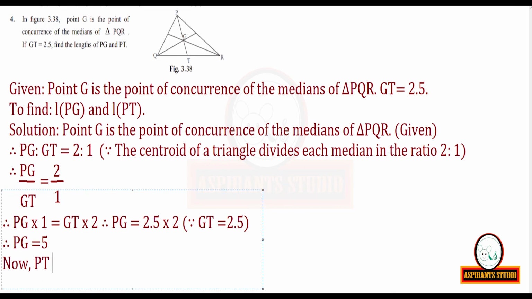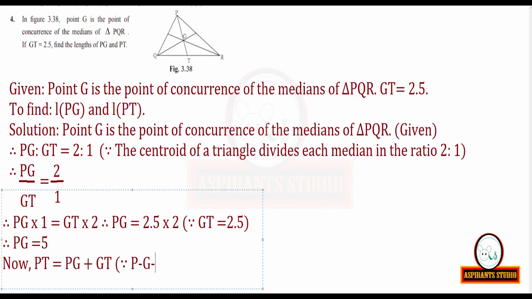Now you have to find the length of PT. You can use the betweenness property here and write PT is equal to PG plus GT.